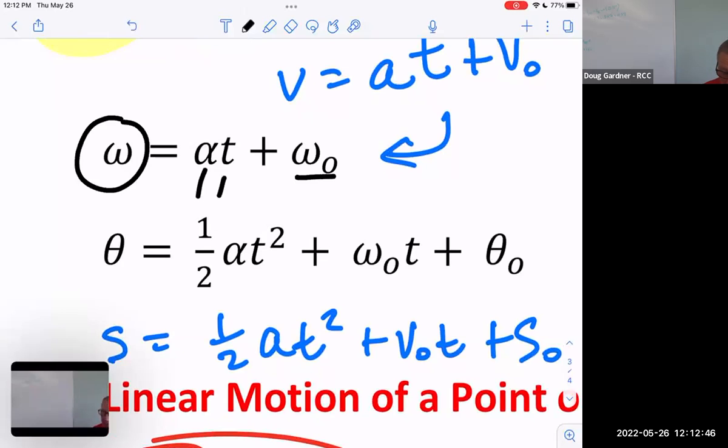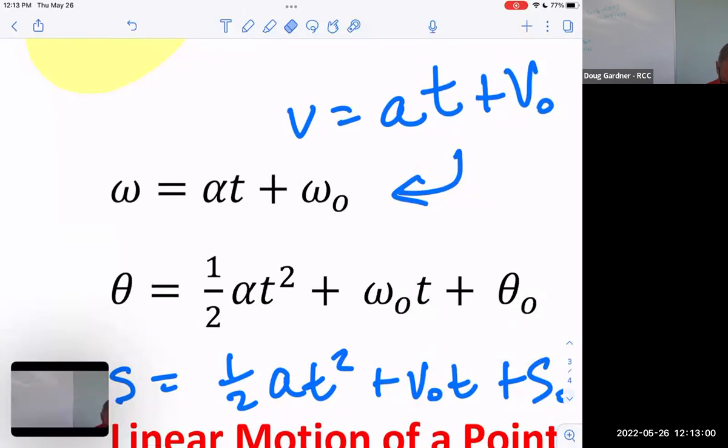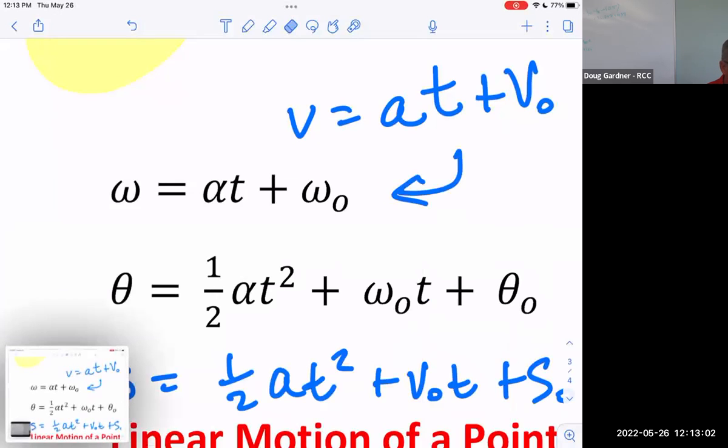Does it make sense? At 40, we had our initial angular speed, but now time goes by and it's actually going to be going faster. So I think that's the equation I need.